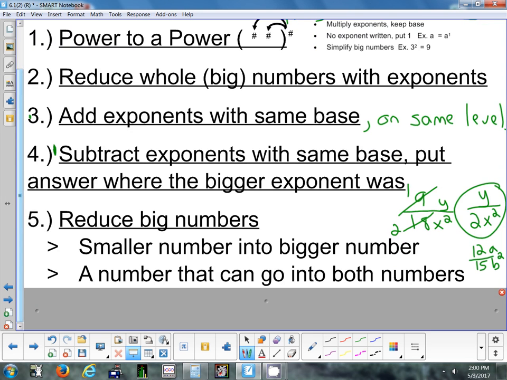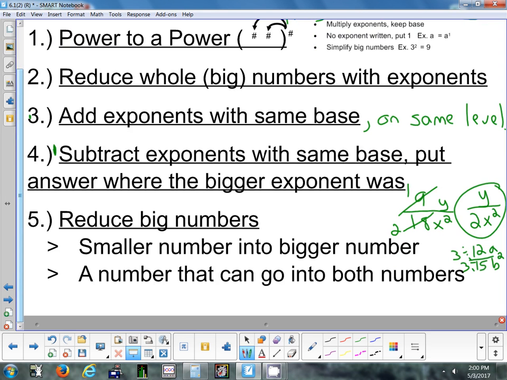No. So the smaller number can't go into the bigger number. But is there a number that can go into both, the same number that goes into both 12 and 15? One number, 3. So I divide this by 3, I divide that by 3, and I end up getting 4 over 5ab to the second.